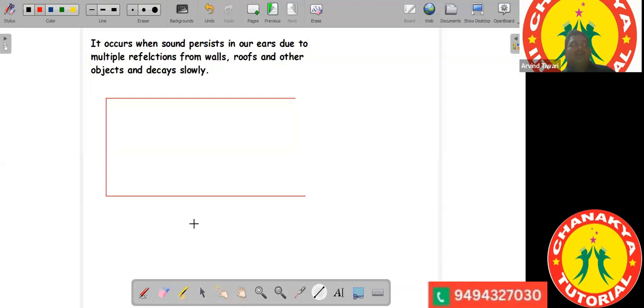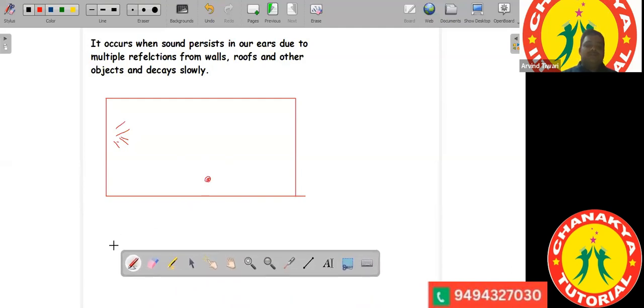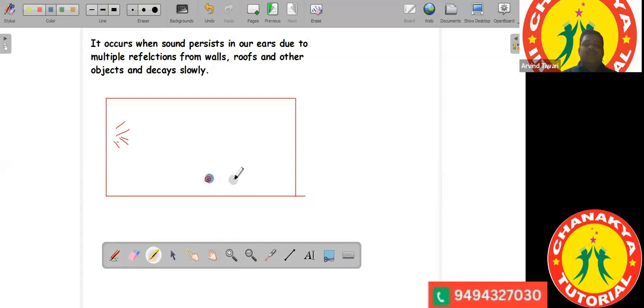Let's say your room is not big enough to produce an echo. Suppose the source is here, some sound is being produced, and a person is sitting over here, listening.